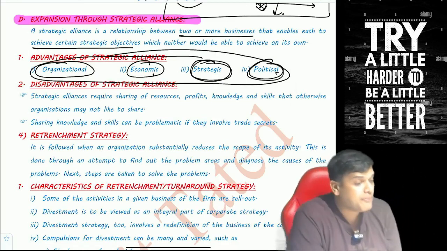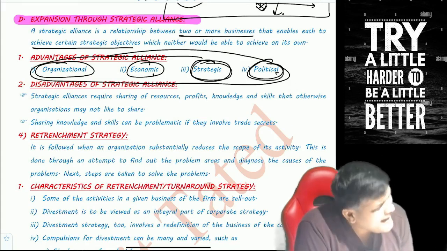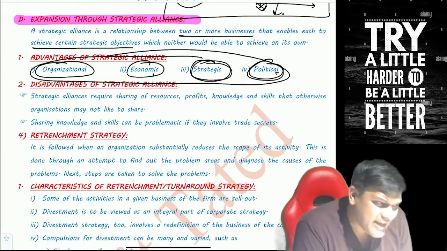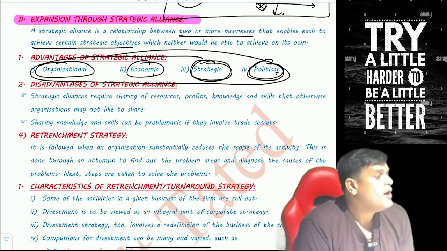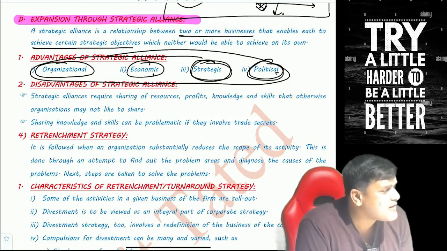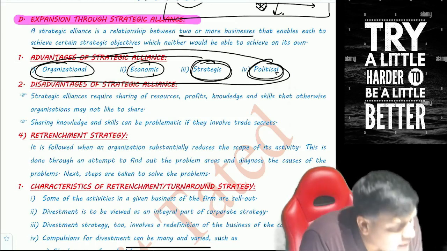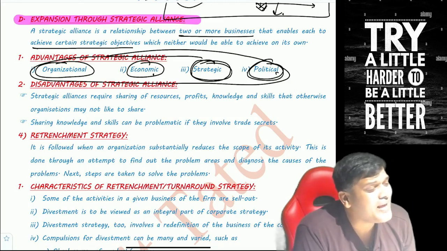But here the big problem is this: if I teach EISSM with Neha, can Neha also copy me? And if Neha teaches costing with me, I can copy Neha. This is one of the biggest problems in strategic alliance. We may share resources, profit, knowledge and skill, but at the same time this may involve trade secrets. Now you may argue with me, sir, there can be an agreement. But how reliable is an agreement in India?